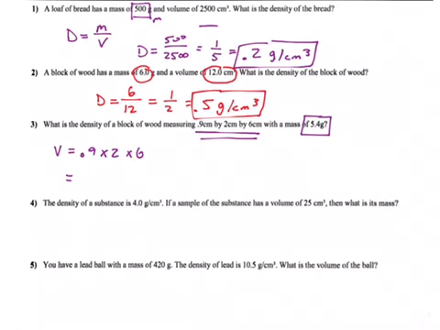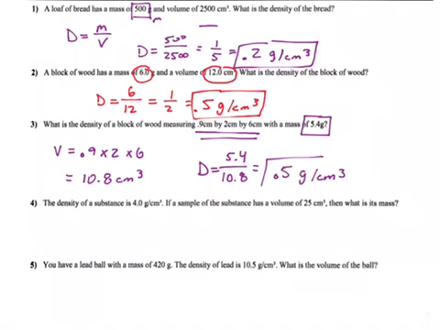So the volume of that block of wood is 10.8 centimeters cubed. Density is mass over volume, which in this case is 0.5 grams per centimeter cubed.